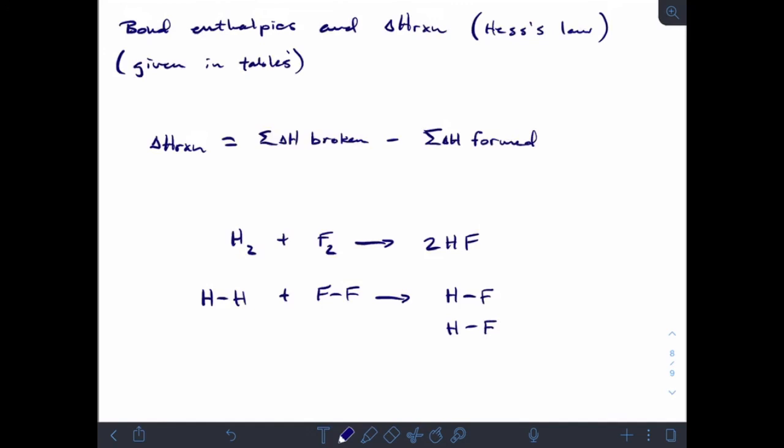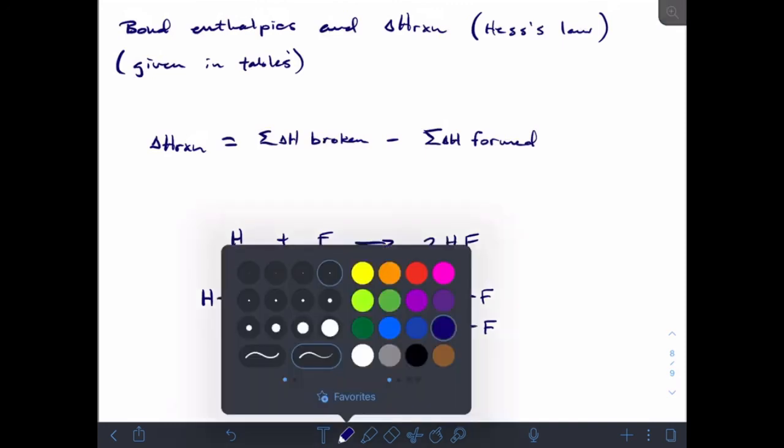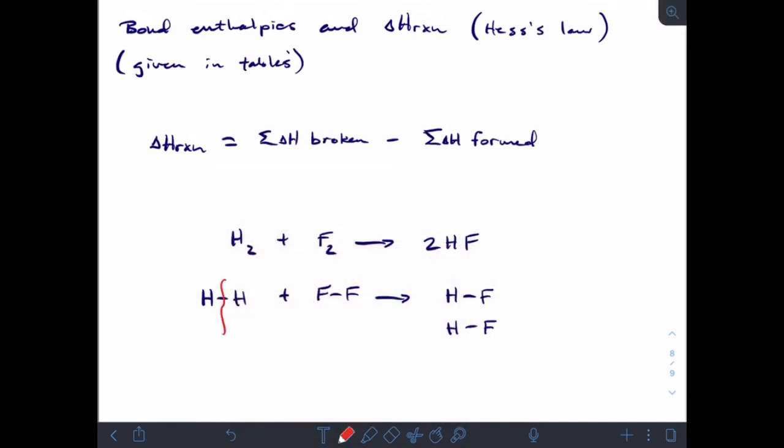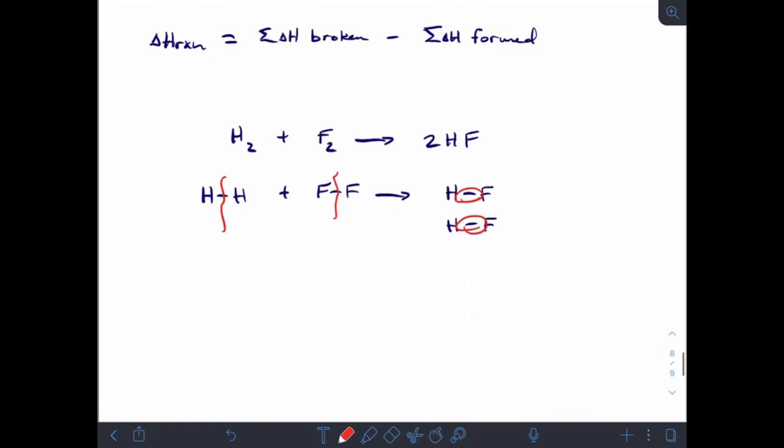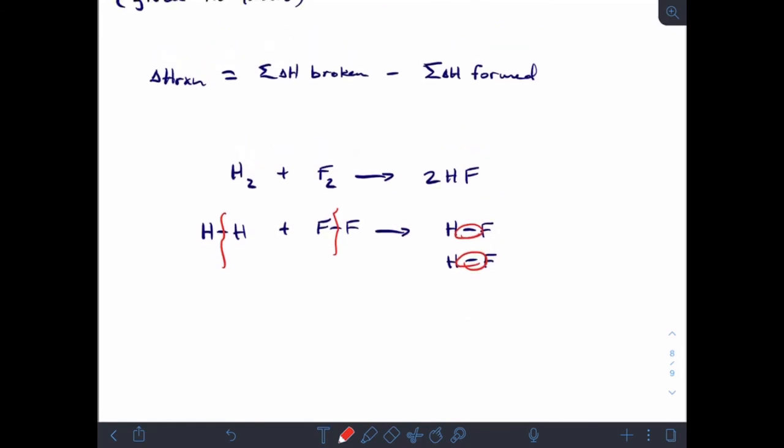Okay, so in order to make my two HFs, I need to break that HH bond and that FF bond, and I'm going to make each of these HF bonds. Okay, so the enthalpy of the HH bond is 432 kilojoules per mole. The fluorine-fluorine bond is 159 kilojoules per mole. And each of the HFs is 565 kilojoules per mole.